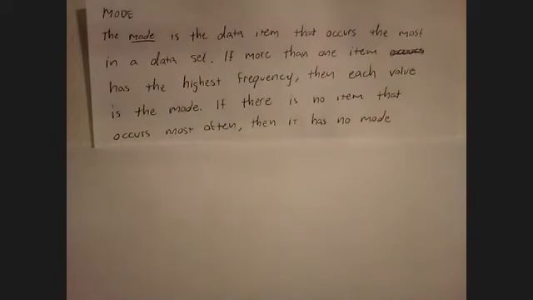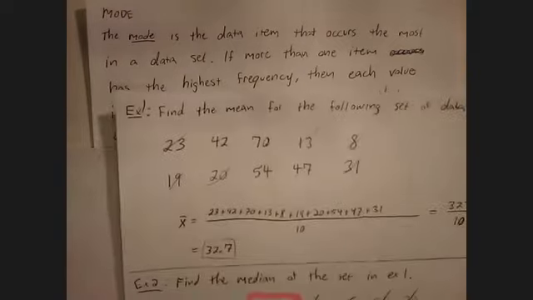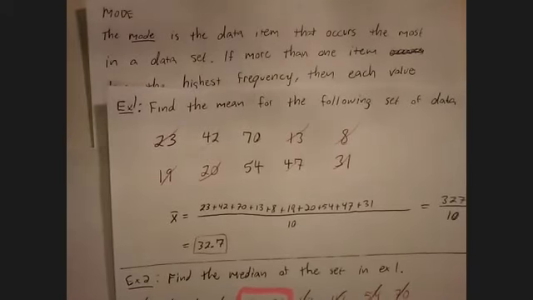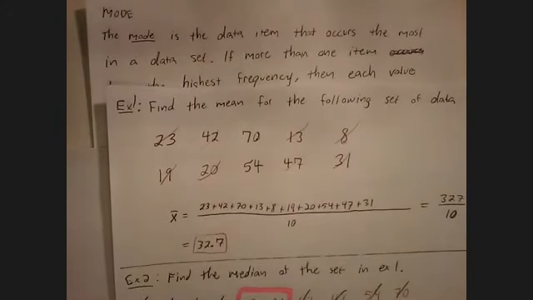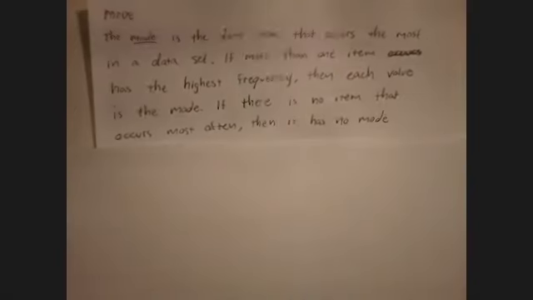Okay. So the mode is the data value, the item that occurs the most. All right. What if there is nothing that occurs the most? For example, any example I've done today, there's only one of each. Okay. If there's a situation where there's not a term that occurs more than any others, we would say it has no mode.